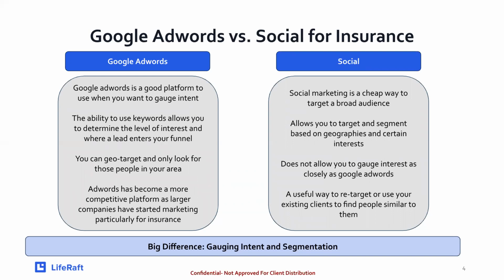What that really means is we have the ability to gauge customer intent with Google AdWords. What do I mean by that? With Google, our entire marketing strategy is based off of what someone is looking for in their search bar, right?